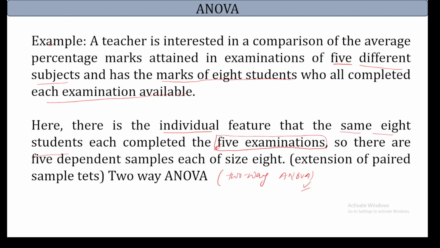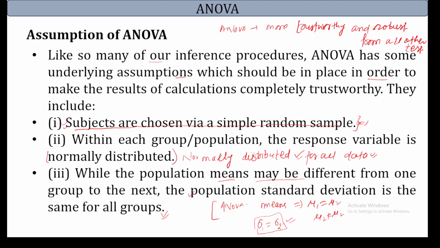So there are 5 dependent samples, and we have to apply the two-way ANOVA. We have 5 different subjects and 8 students.